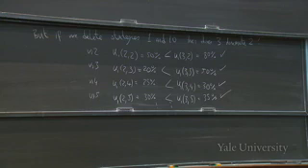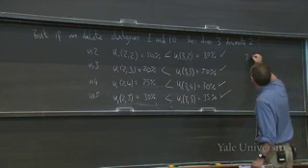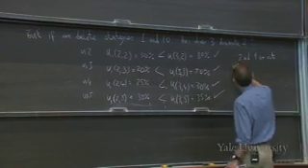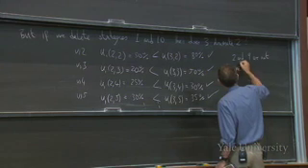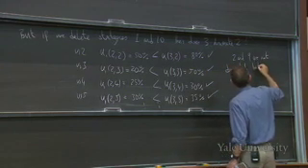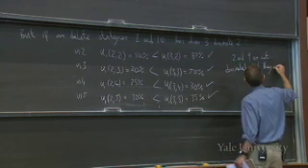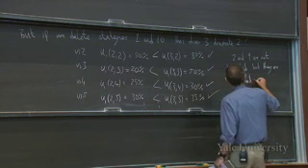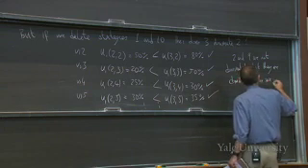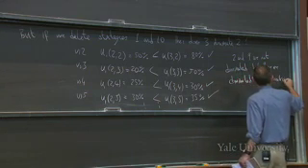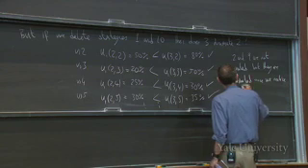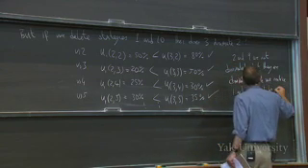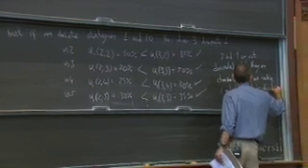So 2 and 9 are not dominated, but they are dominated once we realize 1 and 10 won't be played, or won't be chosen. All right?